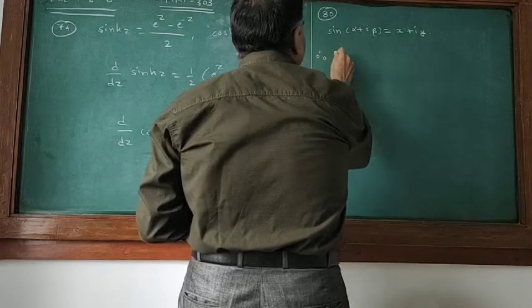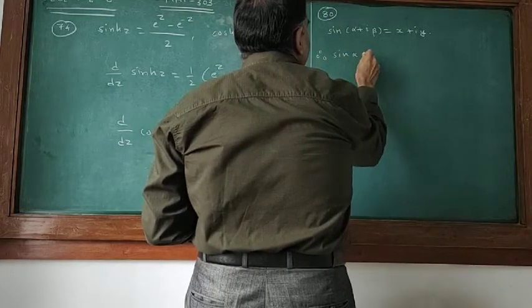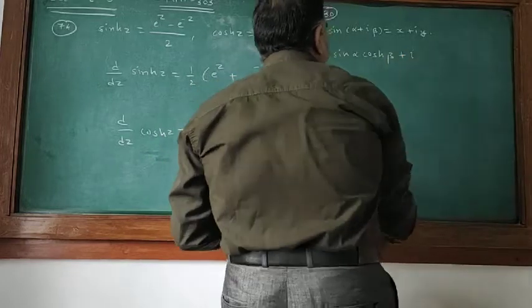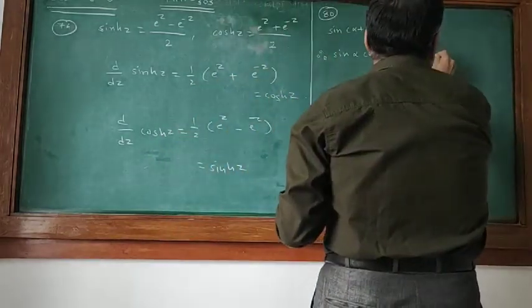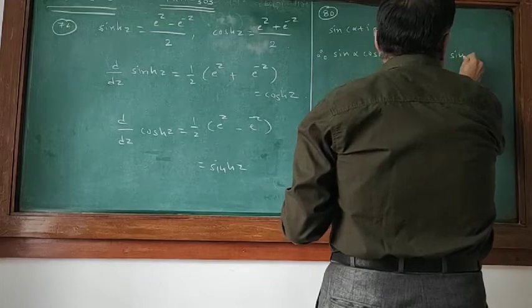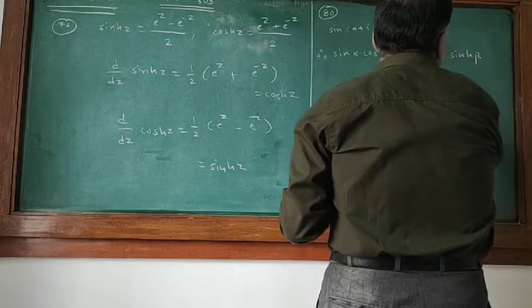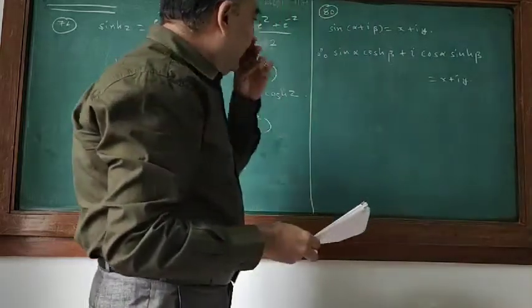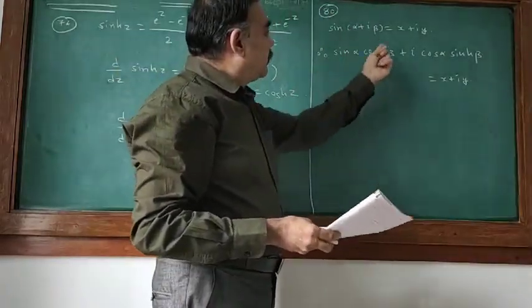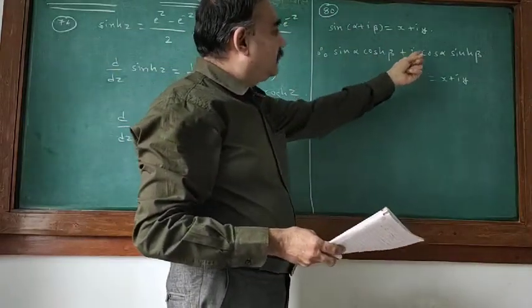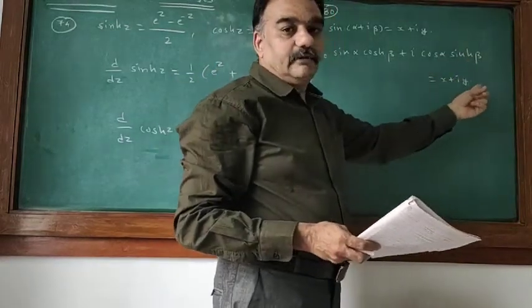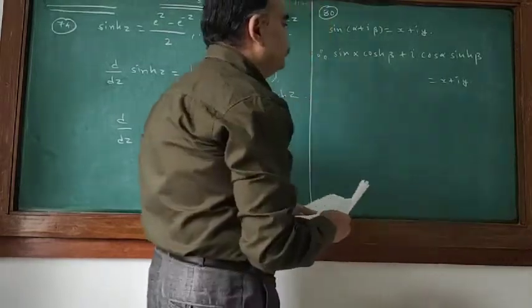Therefore, sin alpha cos hyperbolic beta plus i cos alpha sin hyperbolic beta is equal to x plus iy.